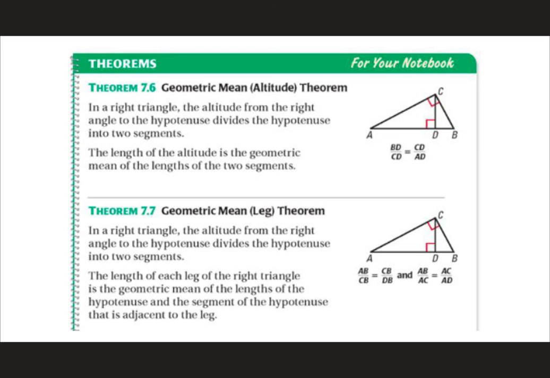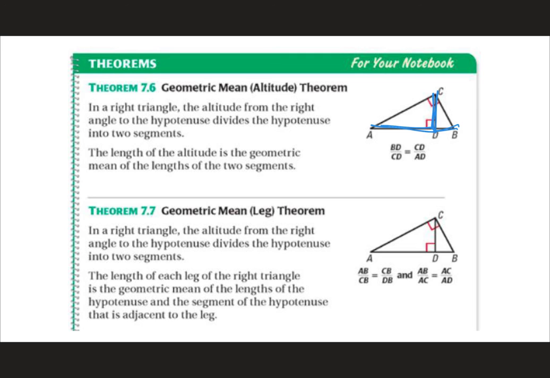The short leg of the small triangle over the medium leg, the longer leg of the small triangle, is equal to the short leg of the medium triangle all over the longer leg of the medium triangle. And it kind of forms this shape like you would see on a little heartbeat machine in a hospital. I'm sure it has a more exact name. DB over CD is equal to CD over AD.